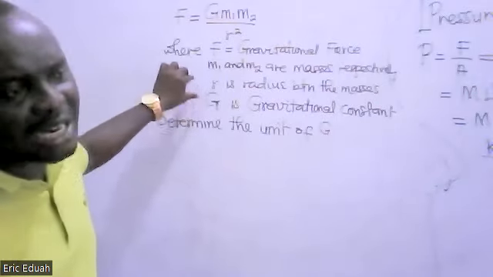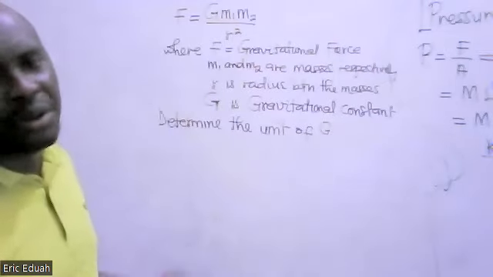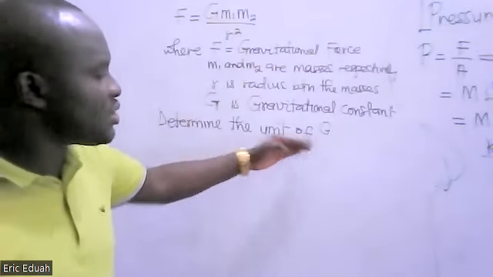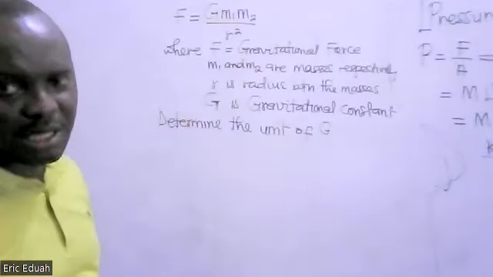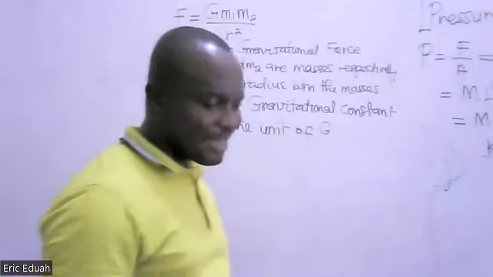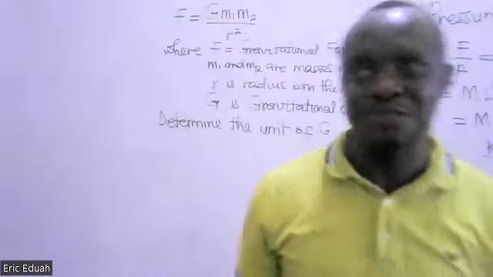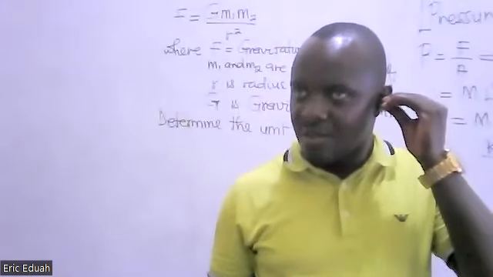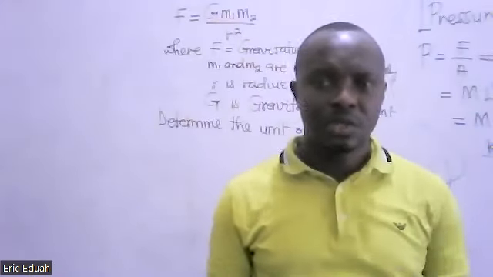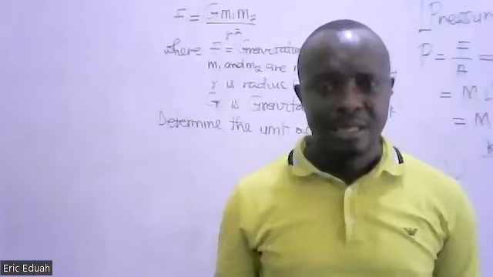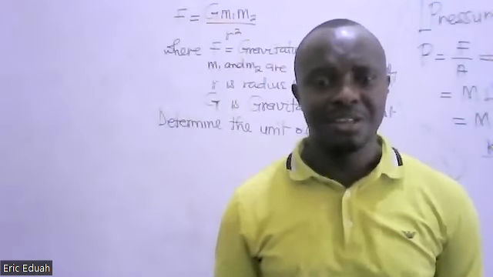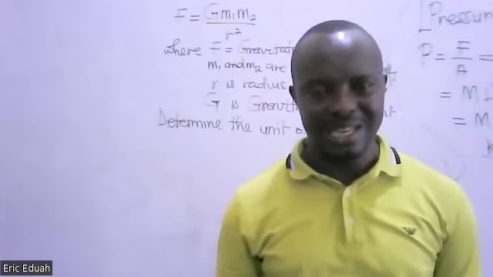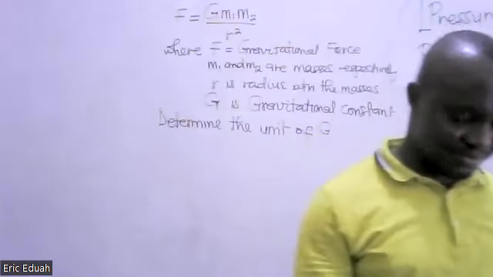G, we are told, is the gravitational constant. We have to determine the unit of G. Start with it. Help me determine the unit of G. Okay, so just take a bit, and then we'll look at it together.